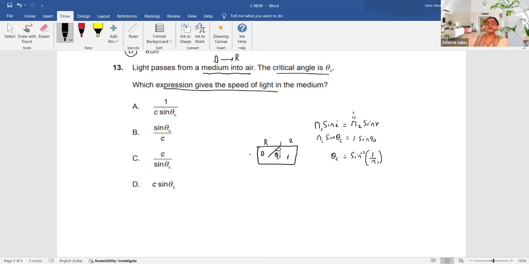Now, as per the definition of refractive index, n1 is nothing but speed of light in air upon speed of light in a given medium.